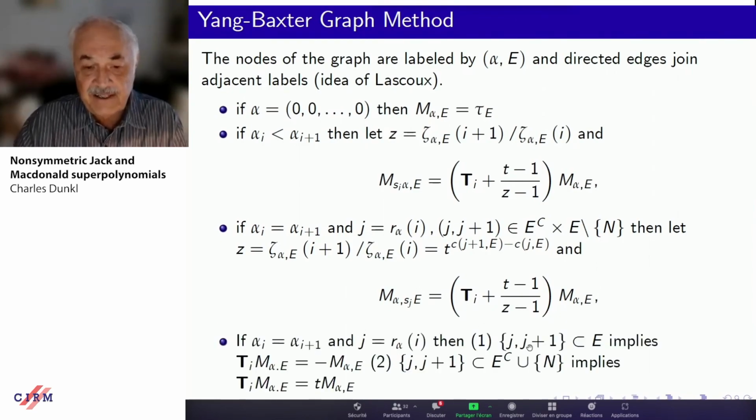If j and j plus 1 are in the same column, then M alpha is an eigenfunction with eigenvalue -1. If j, j plus 1 are in the same row, then the eigenvalue is t.